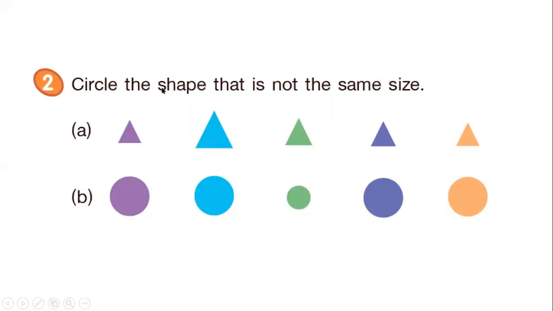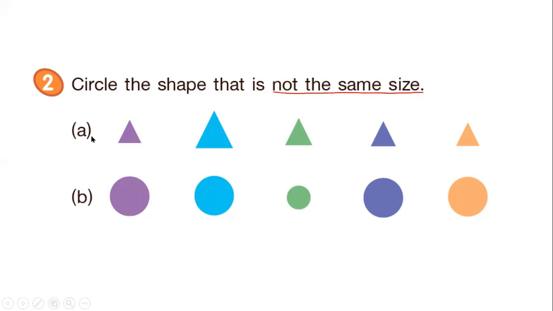Circle the shape that is not the same size. Remember we said that shapes can appear in different sizes. They can be big or they can be small.